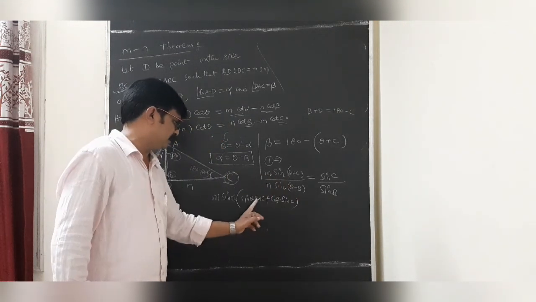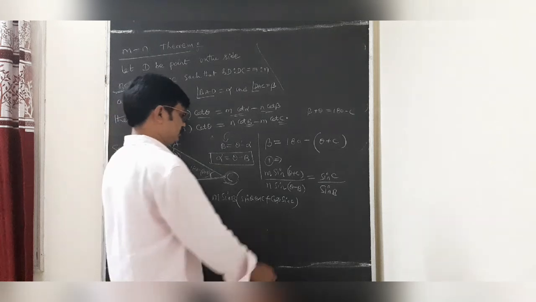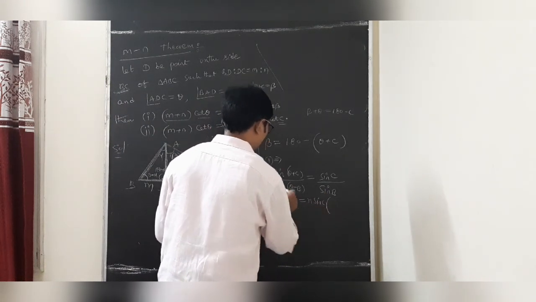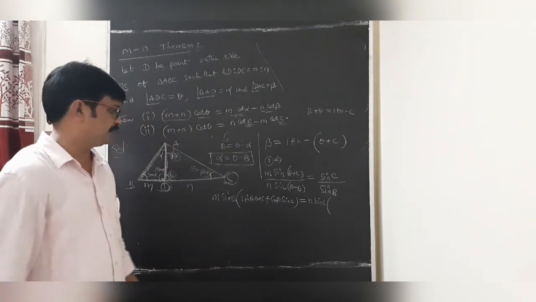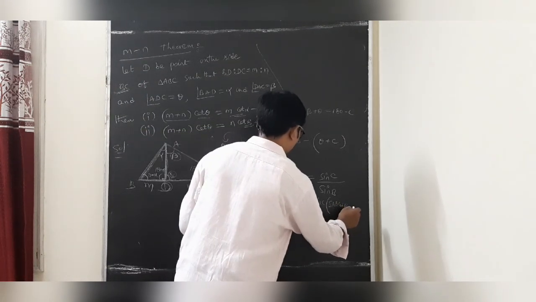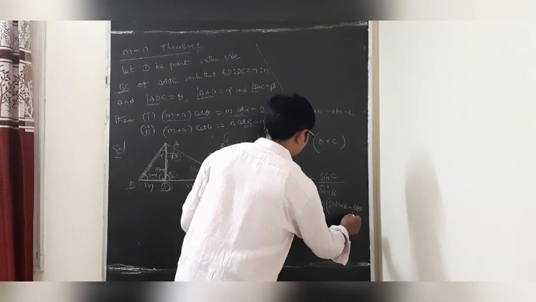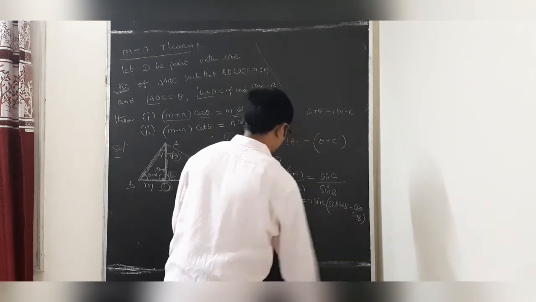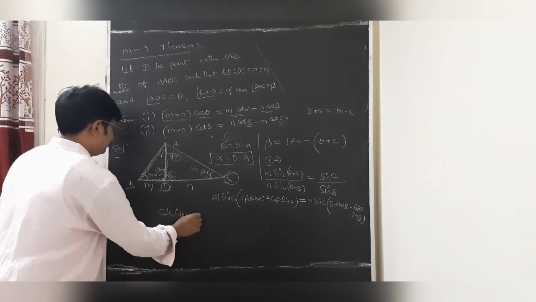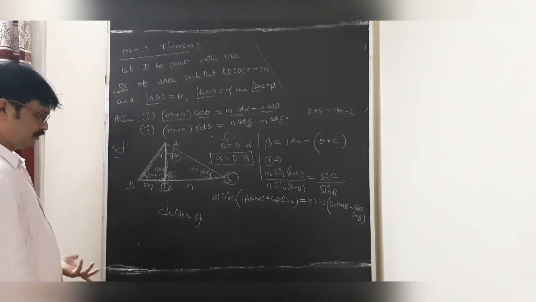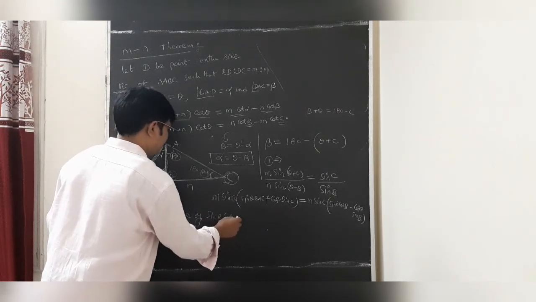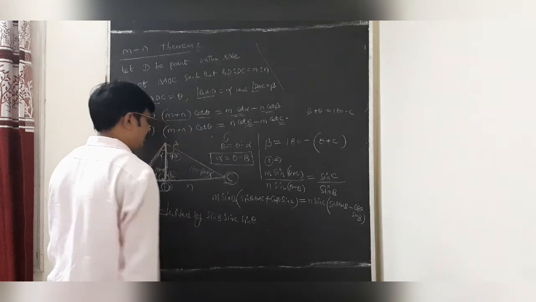Sin of A plus B is sin A cos B plus cos A sin B. This can be written as n sin C equal to sin of A minus B, which is sin A cos B minus cos A sin B. So dear students, we can divide by the same. Divide by sin B, sin C and sin theta on both sides.